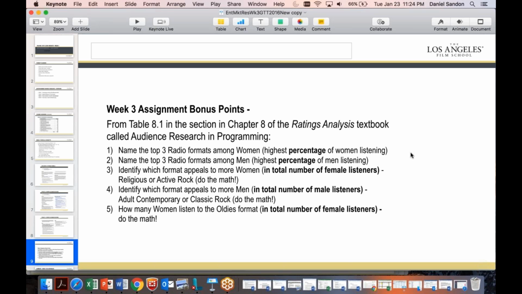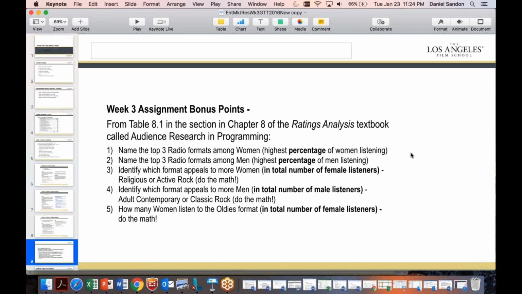Do the same for active rock. The total audience times the percentage of that audience that's female, and you'll get a number that's fairly close to the religious number, somewhere in the neighborhood of 5 million and some for both. But what I want you to tell me is which one's higher.